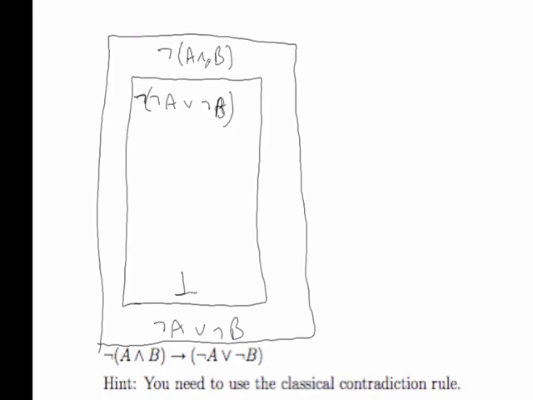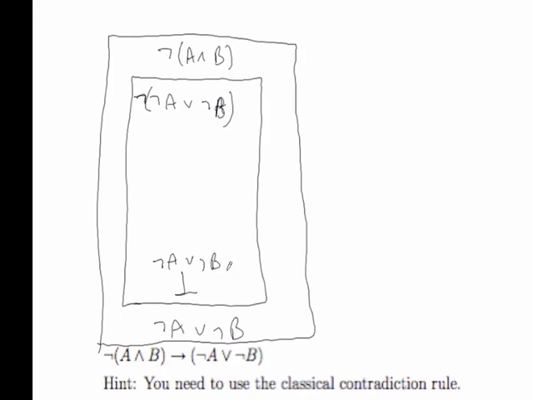Now, if we get something that contradicts this line, then we get A or not B here. At first it might look strange to choose that, because if you're trying to prove A or not B, this was exactly the same task we had here.